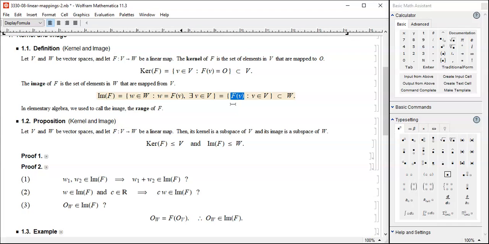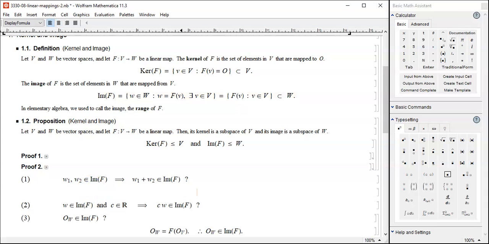It comes from a certain original vector in V. So instead of just w1 and w2, we can start with v1 and v2. So w1 is f of v1, and w2 is f of v2.